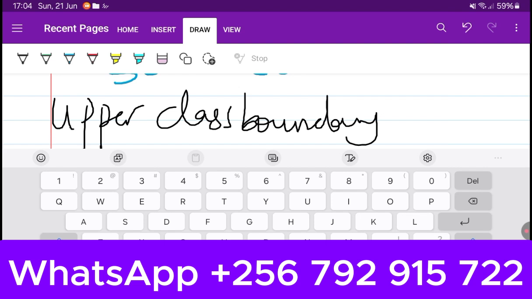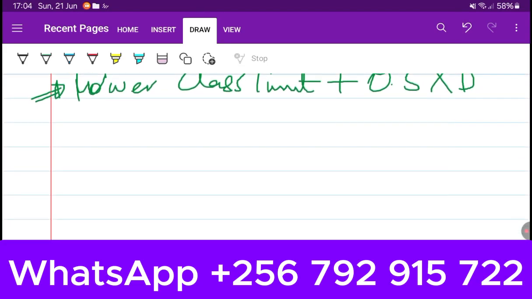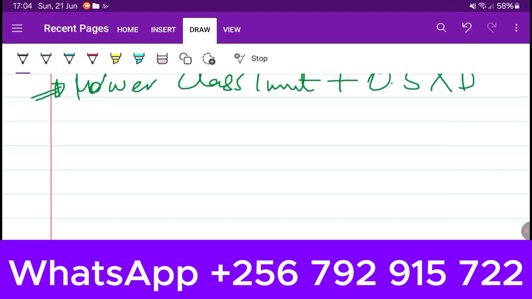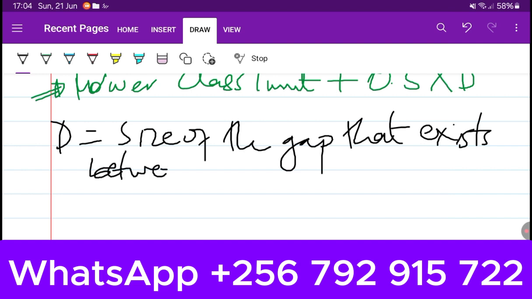So this formula applies even to the exclusive classes, but this d, we said d equals the size of the gap that exists between successive classes.